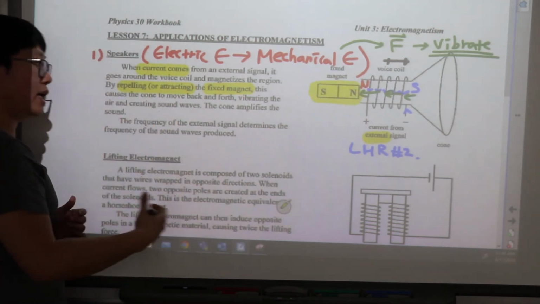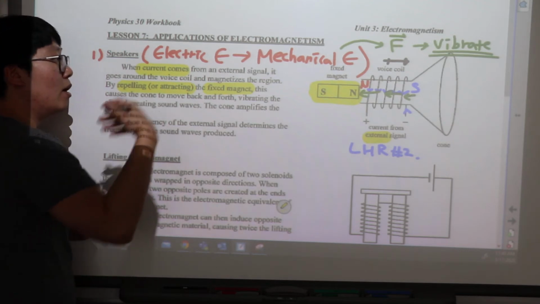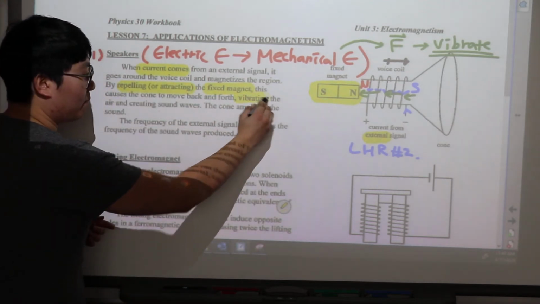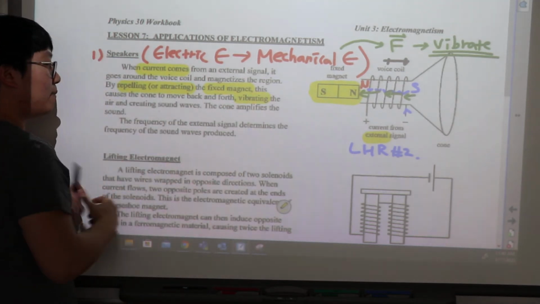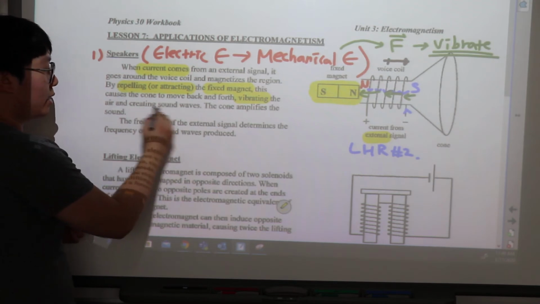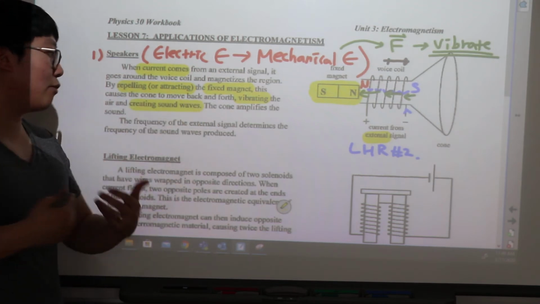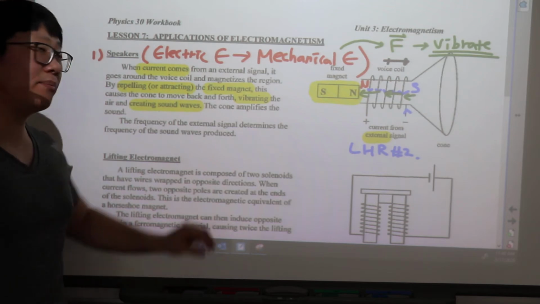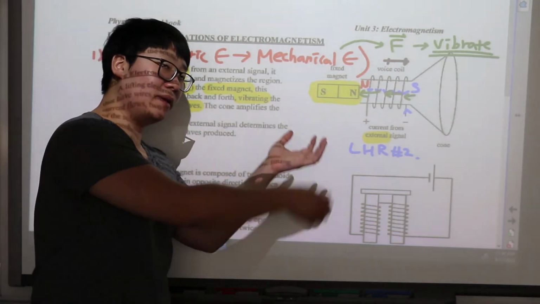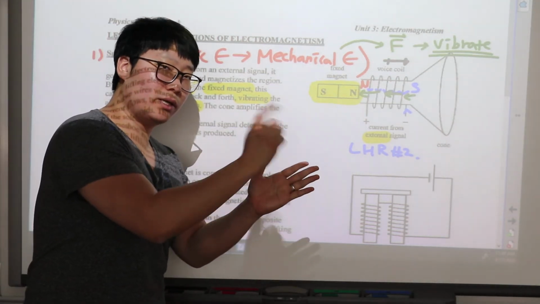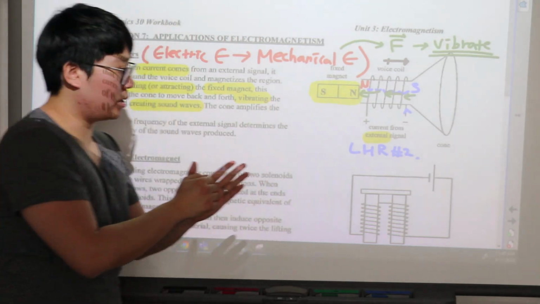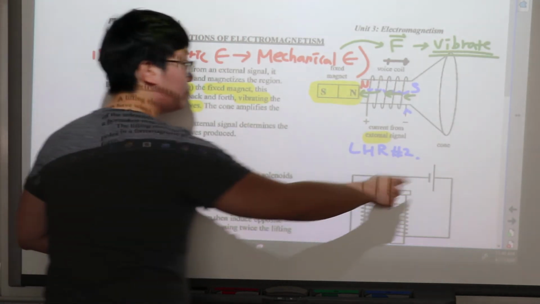You're actually creating some kind of mechanical energy or force in this case because it vibrates. And this vibration basically creates a sound wave, and that's how we can hear things. It can be amplified, and whenever you have amplified sound, you're actually going to have a lot of vibration, just for the heads up.